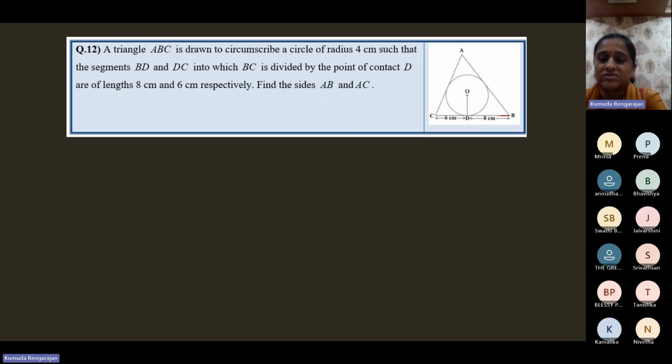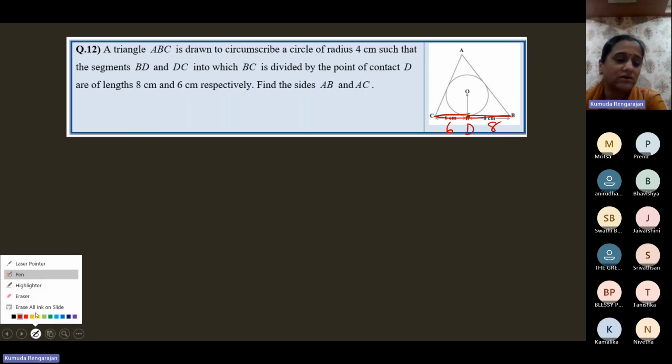The side BC is a tangent at D, divided into DC, which is 6, and BD, which is 8. Given this, we need to find the lengths of the remaining two sides.